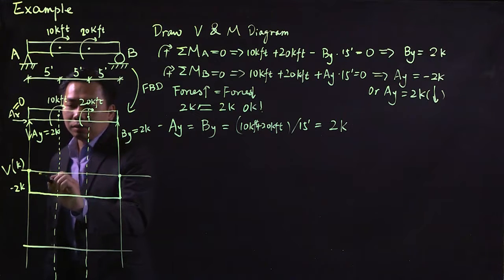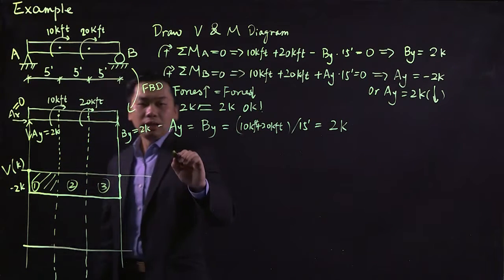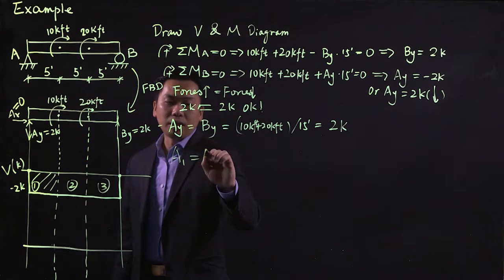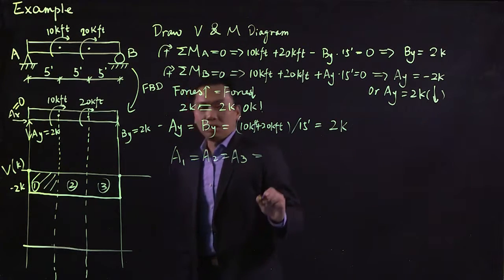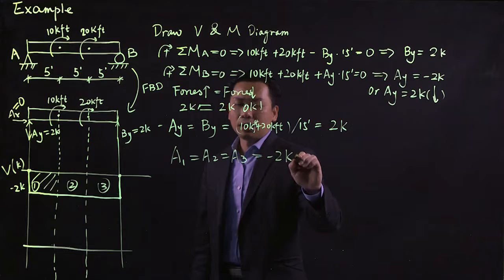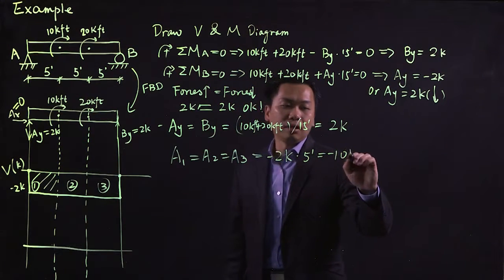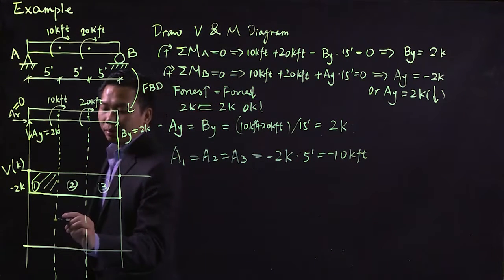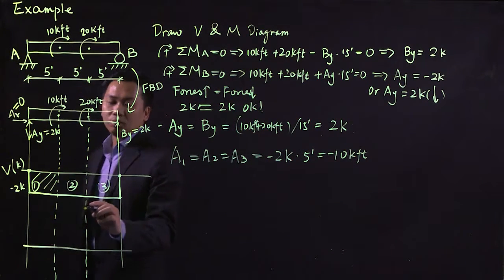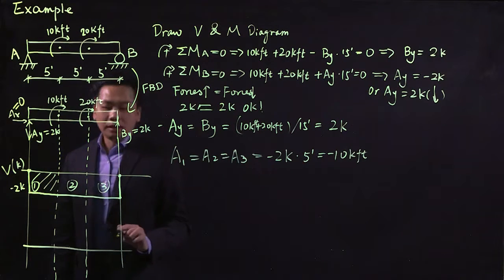The areas for these portions, let's say they are denoted as 1, 2, 3. A1 is equal to A2 is equal to A3, which is equal to -2 kips times 5 feet, that's -10 kip feet. We know that the moment at a point is equal to the area of the shear diagram up to that point.